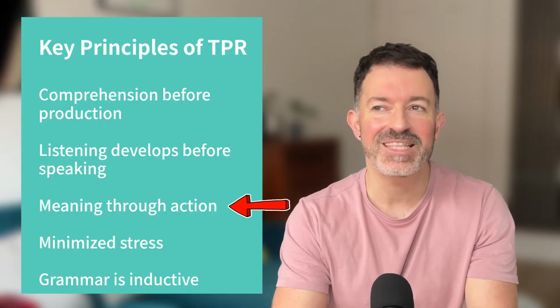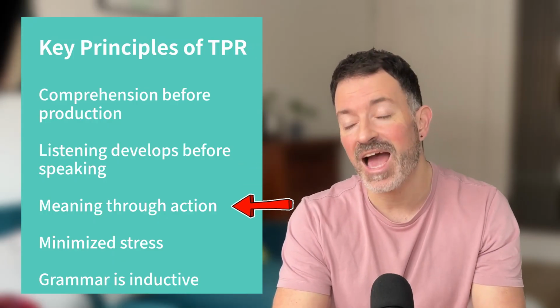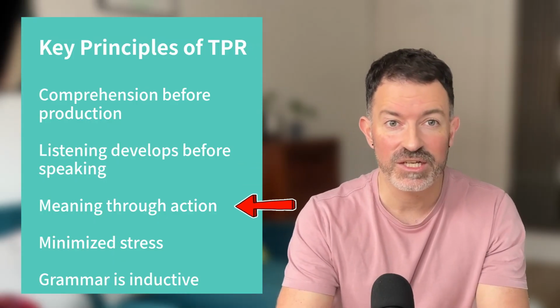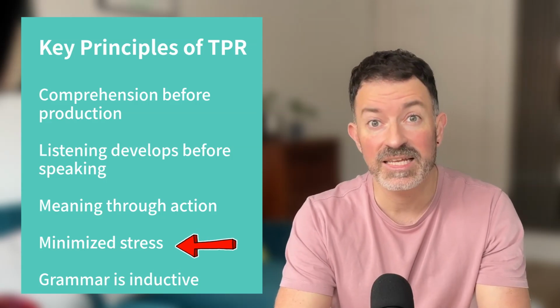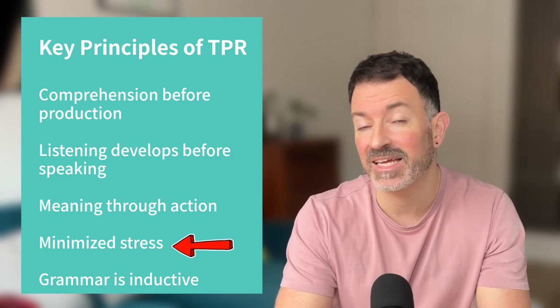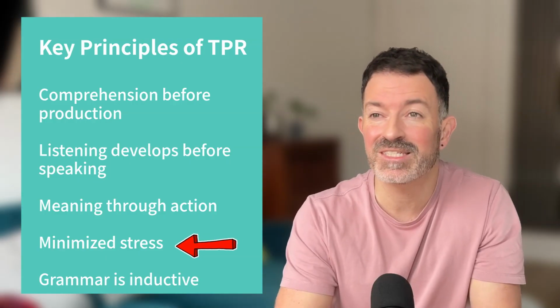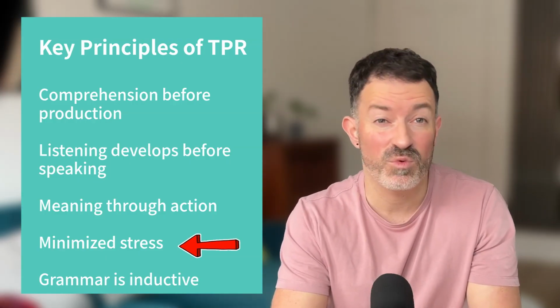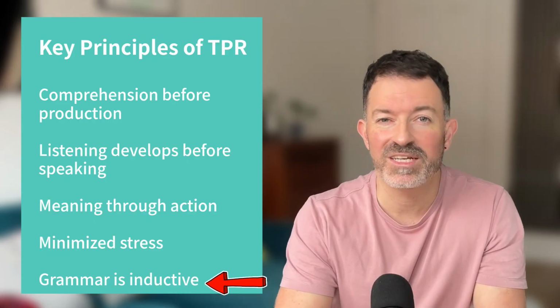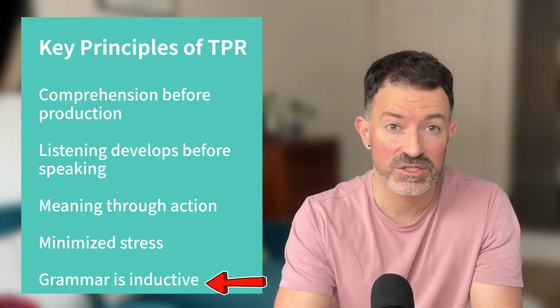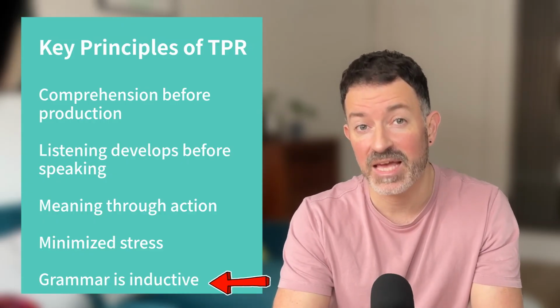Third is that meaning is conveyed through action, not translation. Fourth is that stress is minimized because of delayed speech production and game-like activities. So learners are not immediately evaluated on spoken fluency. And finally, grammar is inductive. So learners internalize patterns rather than explicit explanation.